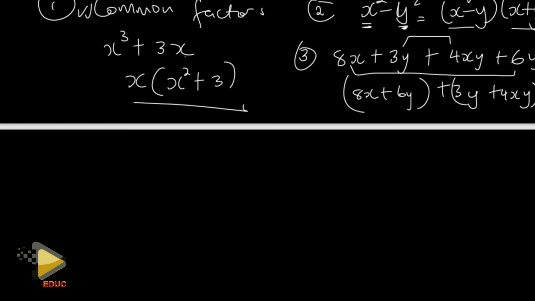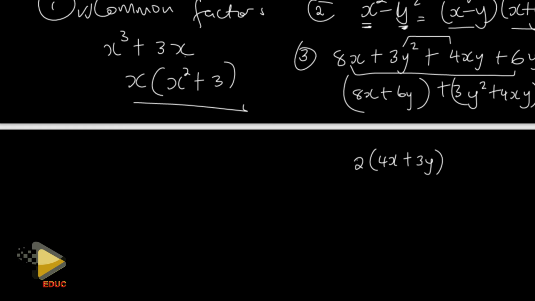You can see if I take out, well, that's not going to help me, unless I make this a squared. That makes some bit of sense. Let's see. So if I make that a squared and take out what is common, which is a 2, I'll be left with 4x plus 3y.